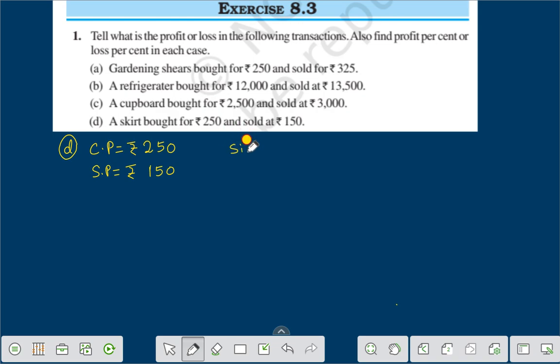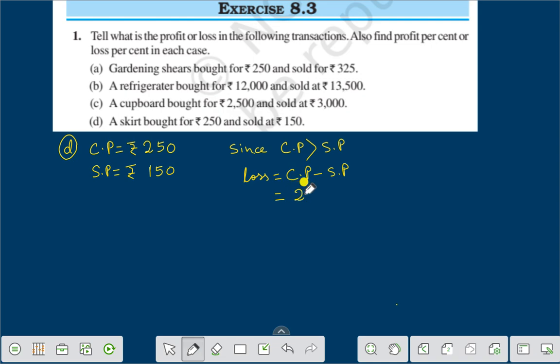Since cost price is greater than selling price, therefore there is a loss, and loss is equal to cost price minus selling price. What is the cost price?